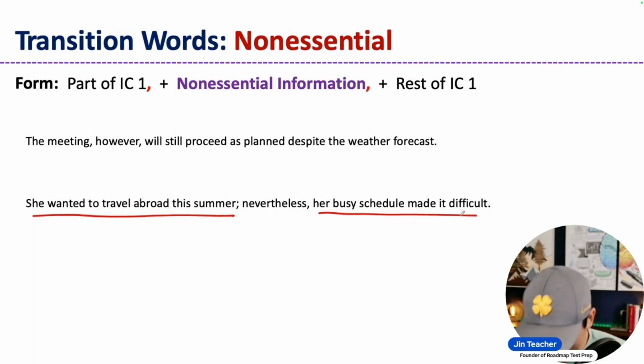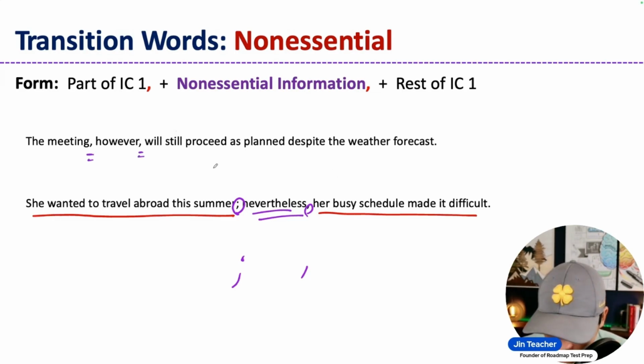So guys, notice how we have this transition word, nevertheless. But notice how in this case, we have a semicolon and a comma. So we only have 1 comma here, versus in the previous example, we have 2 commas. So why do we have just 1 comma here and we have a semicolon or another punctuation here?